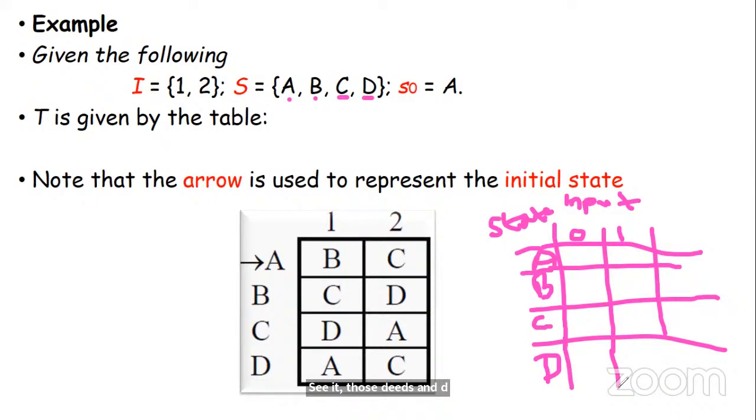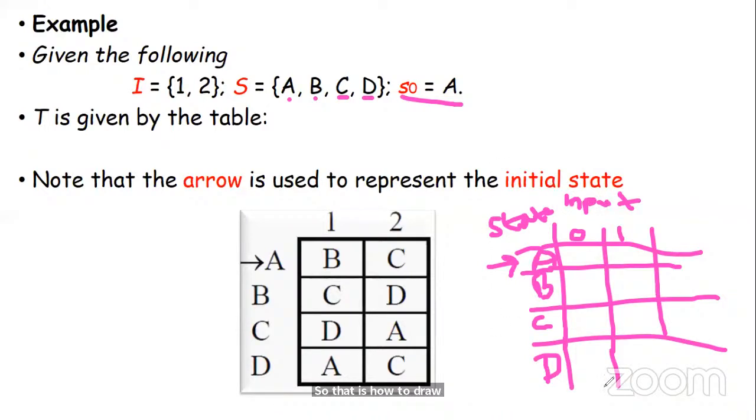Then you have an arrow pointing towards A, telling you that that is the initial state according to this scheme. So that is how to draw the state table generally.